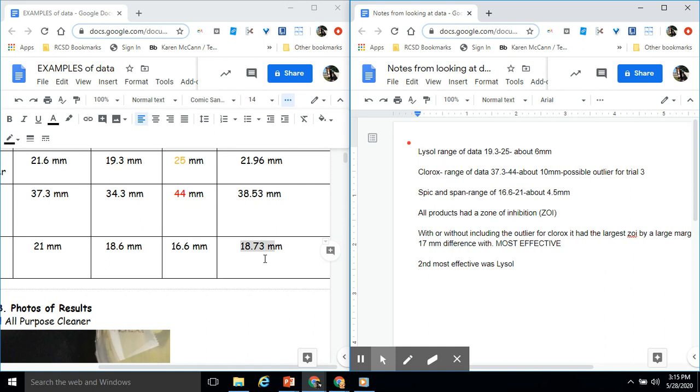When it's not substantial, I can't trust that sources of error weren't what made one zone slightly bigger than another zone. You could have accidentally measured inaccurately, or one got soaked in the liquid a little bit longer than another one did. It could be a number of things. There are lots of different reasons why two numbers can be different.